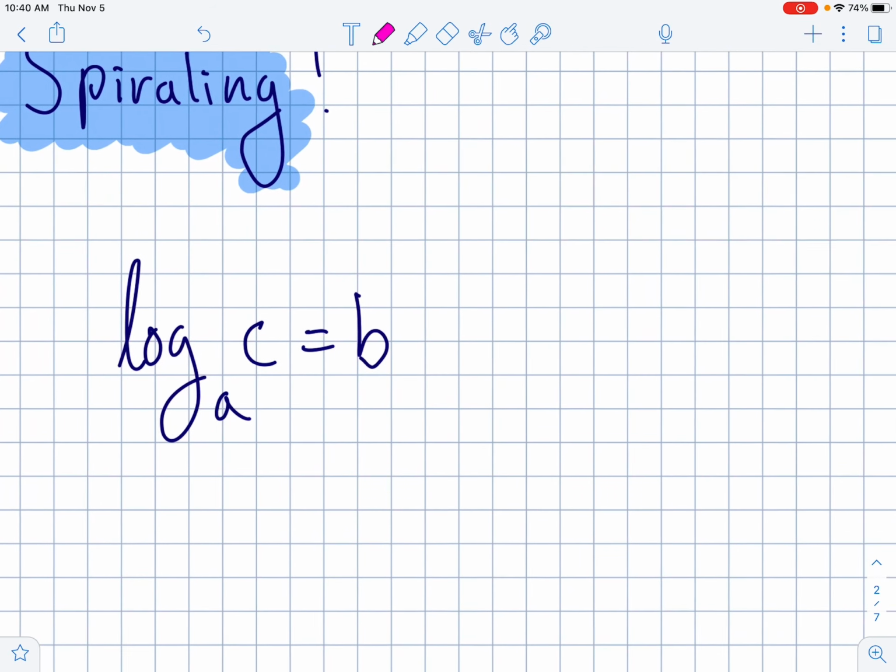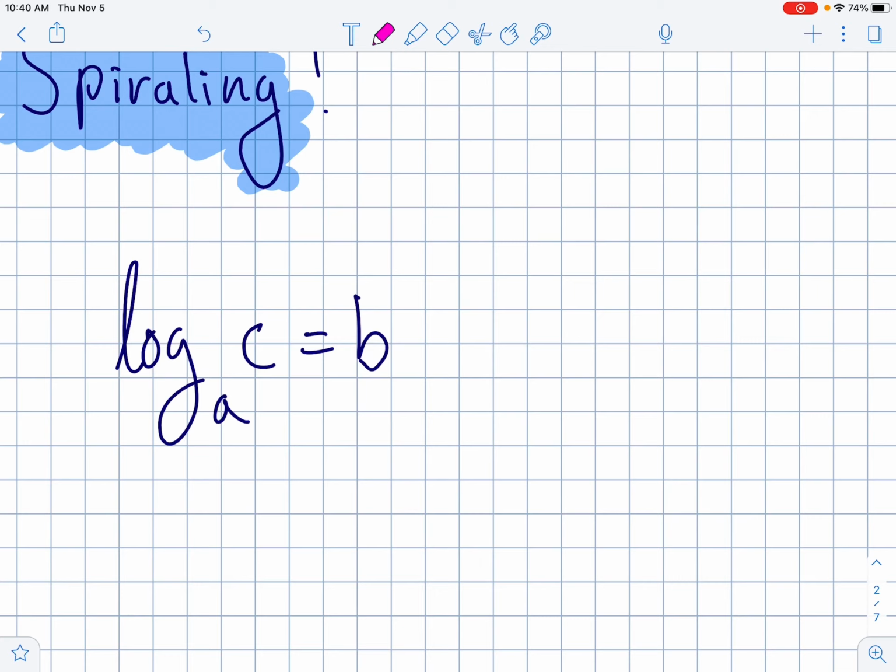Here comes the spiral. Every log, because it's a cousin of an exponential, can be put into exponential form. And here's how you spiral. You always start with the base a, and then you jump the equal sign over to the other side, and then you spiral back across the equal sign to the argument.